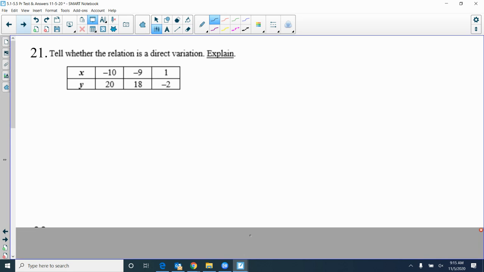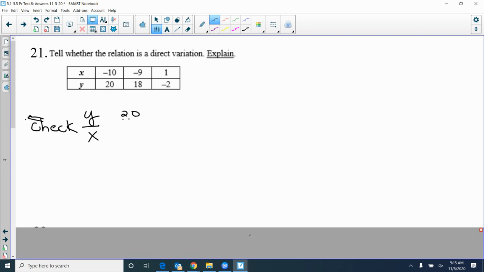What do you remember with the test, Preston? Don't remember? Anon, do you remember? Yes, you check y divided by x. If it's a constant, then it's direct variation.